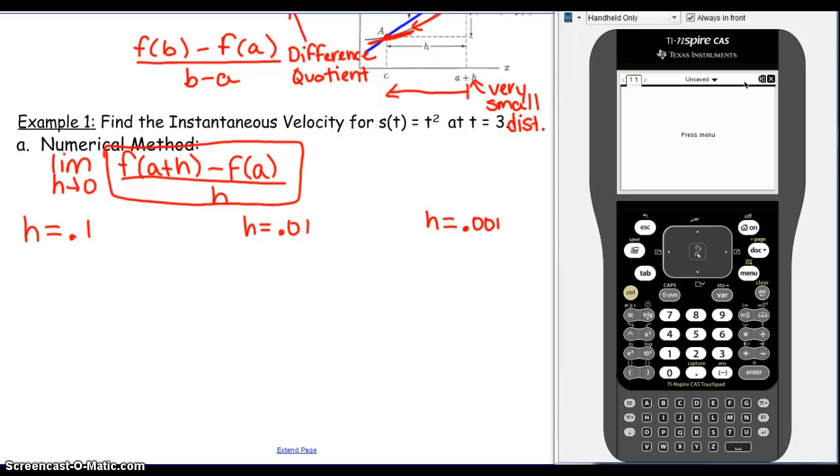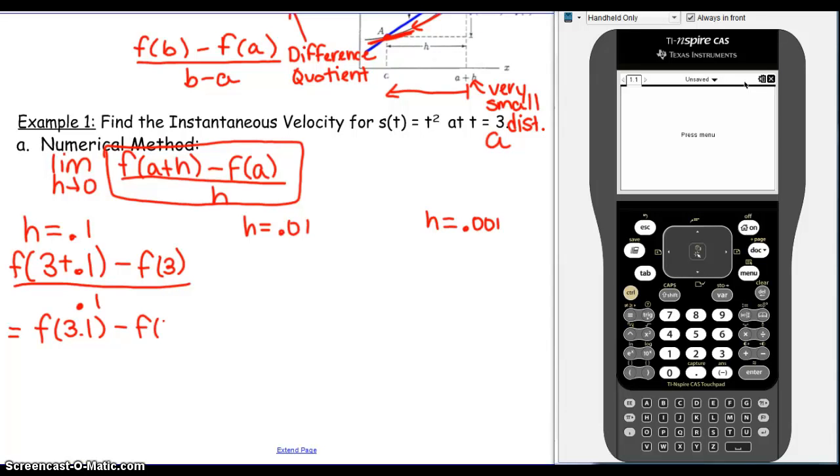f of A plus h. So A is the value they give us, and then we're going to plug in the h value also. So we're going to have f of 3 plus 0.1 minus f of 3 all over an h value again of 0.1. So this is really just f of 3.1 minus f of 3 over 0.1. Well, our function is t squared.